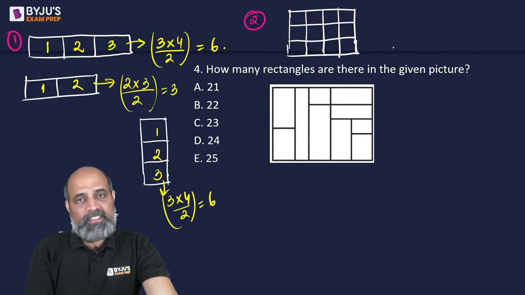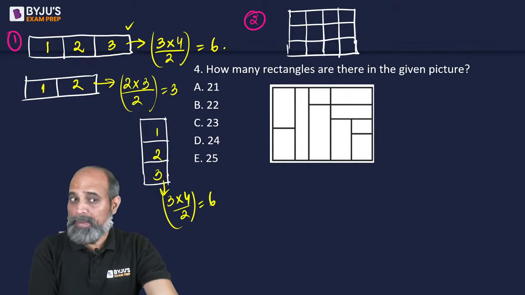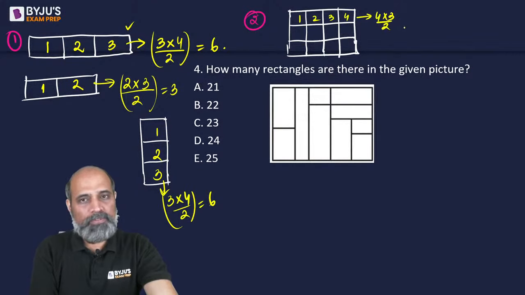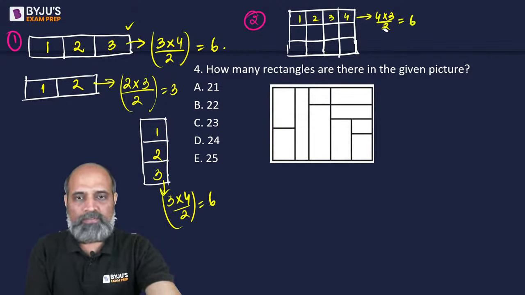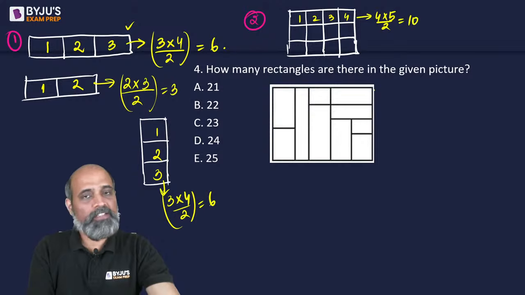So in this case, what do you do? You are going to use the first approach का पहला वाला. You are going to write down 1, 2, 3, 4. This is going to be 4 into 5 by 2. Sorry. That will give you 10.